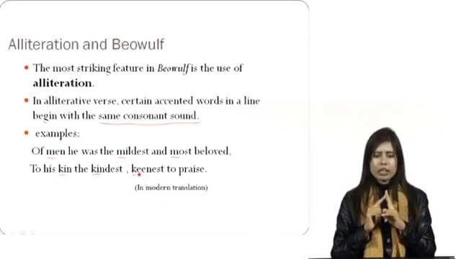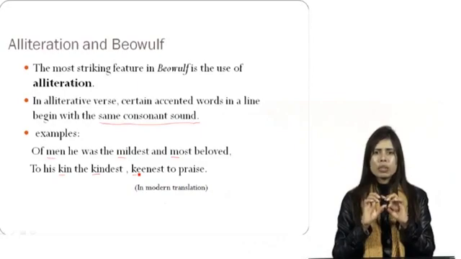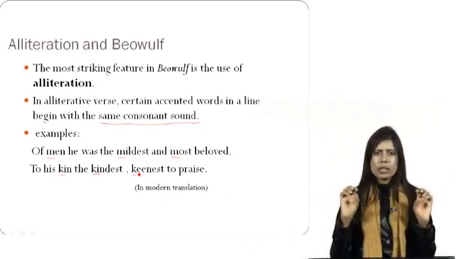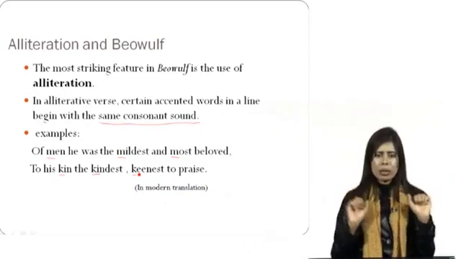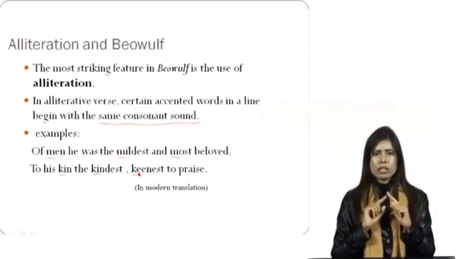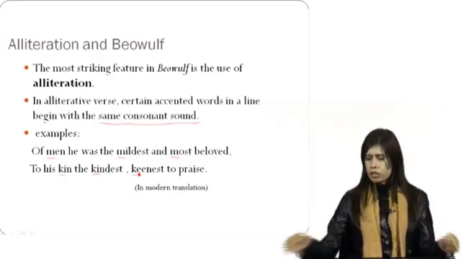In the second line you can see the ka sound is repeated thrice: in kin, in kindest, and in keenest. So this is the repetition of the ka sound. As you know, alliteration deals with the repetition of consonant sounds in one line. So in the first line this is the ma sound, and in the second one this is the ka sound, and this is the modern translation.